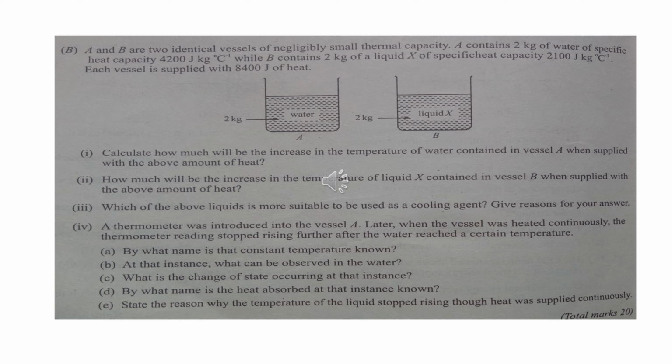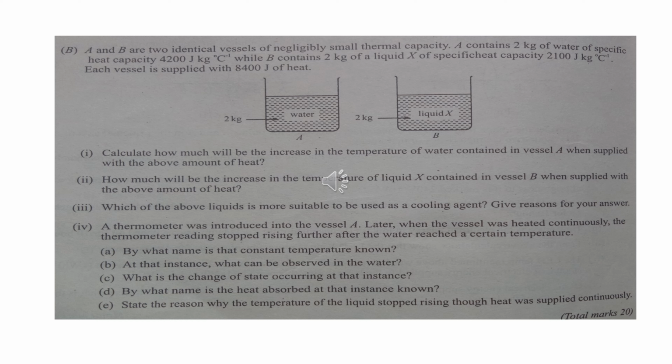Look at the fourth part. A thermometer was introduced into vessel A, the water vessel, and the following incidents were observed. Part A asks, by what name is that constant temperature known? When the vessel was heated continuously, the thermometer reading stopped rising further after the water reached a certain temperature.